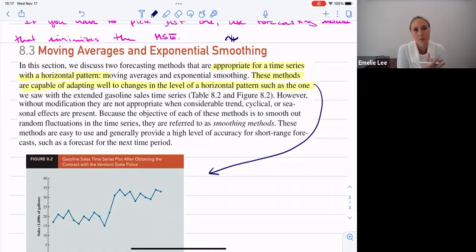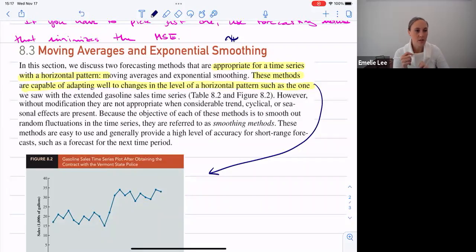So we've already talked about the running average, and so a kind of breezy introduction to the moving average, where we don't look at all the values. We might look at the most recent 3 values or 4 values or 5 values or 2 values, right? And so you would play around with that until you find the method that minimizes your mean squared error.